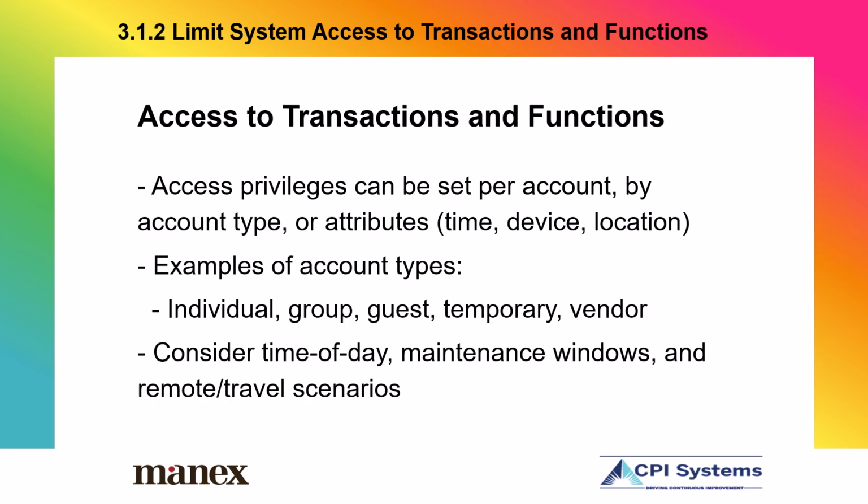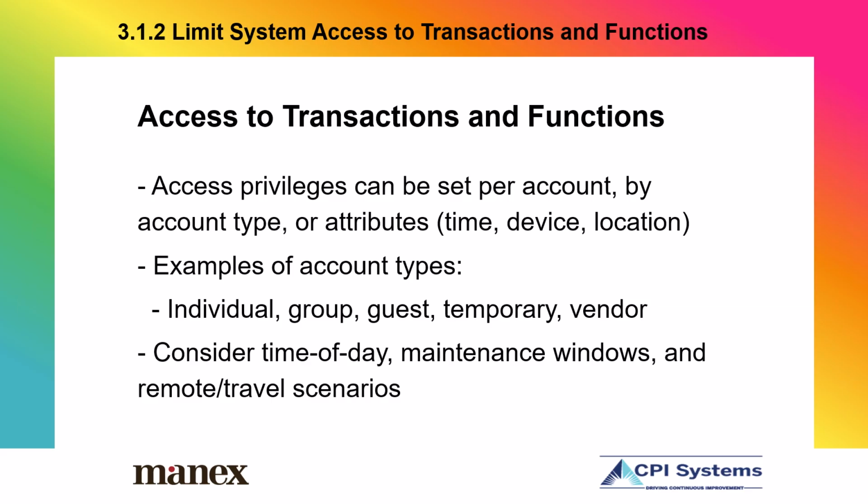So when looking at access control, let's look at this from the NIST 800-171 point of view. Access privileges can be set by account or account type or attributes like time, location, device. Access control is not one-size-fits-all. You can, and sometimes must, define restrictions per account or consider business cases.